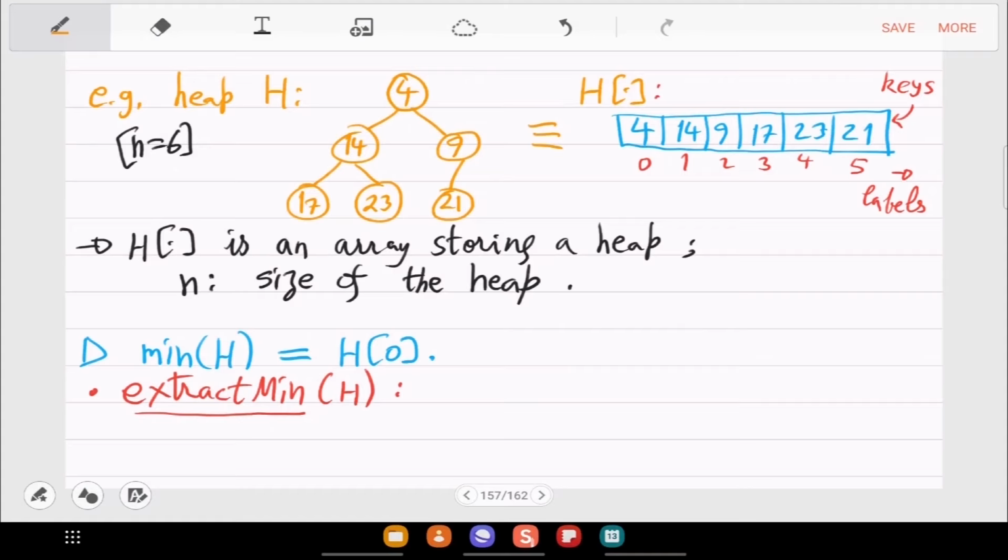Yeah, but see, this doesn't have the BST axiom, it's just a heap. So if you want to find the second min, where can it be? H1 or H2?